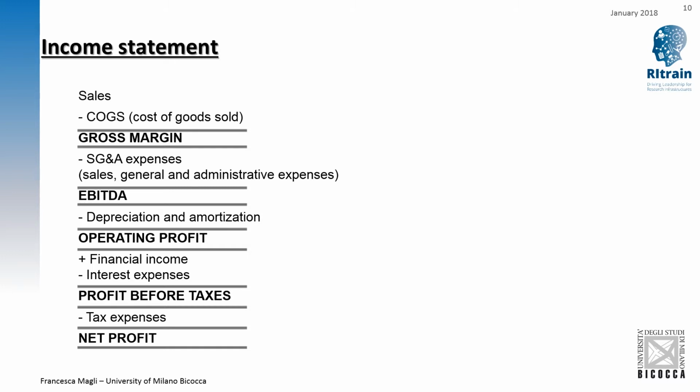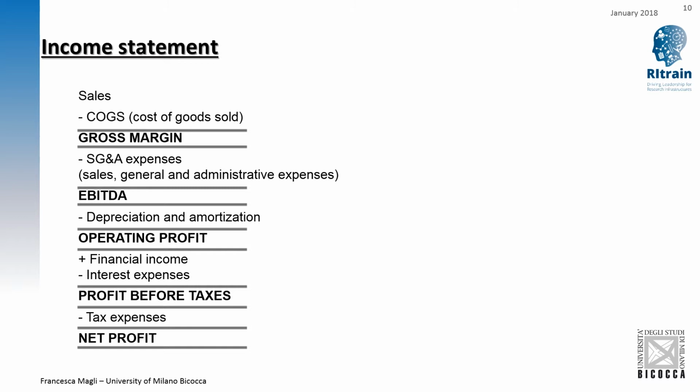Then there is profit before taxes, called also pre-tax profit or earnings before tax, a profitability measure that looks at a company's profits before the company has to pay corporate income tax, by deducting all expenses from revenue, including interest expenses and operating expenses. Net profit is the final and fundamental profitability result, and it represents all the revenues less all the costs of the business.